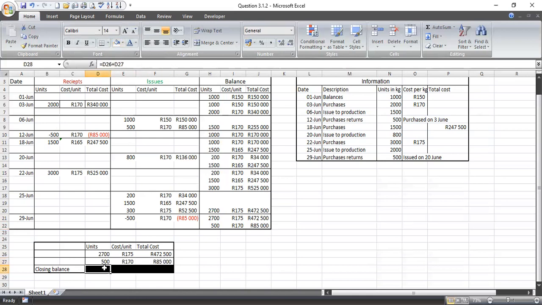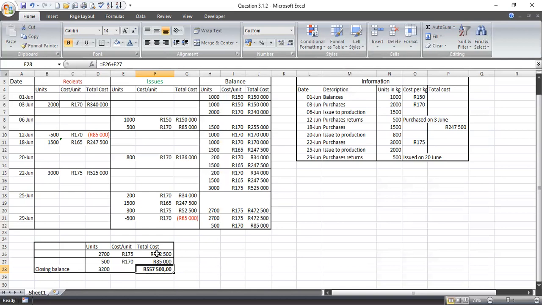So this means that we have a total of 3,200 units in our warehouse at a total cost of 557,500.